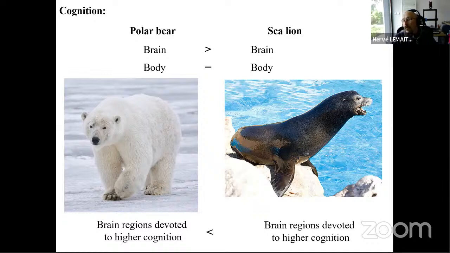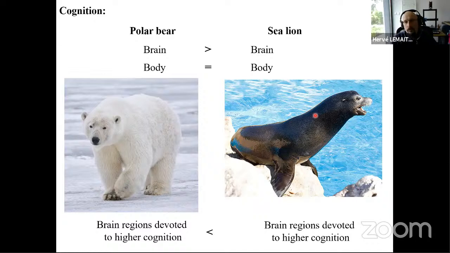So if you look at the allometric measure, we could interpret that as the bear having a higher cognition level. But when you look at the brain of these two different species, the sea lion has a smaller brain, but more regions for the higher cognition.